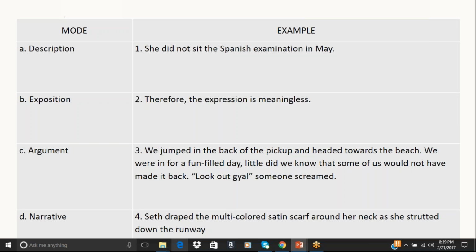And if you're still confused, there's one thing that separates the two. As Maurice said, one has dialogue, the other has no dialogue at all. So the description does not have dialogue. The narrative has dialogue. Those are two things you can look out for if you are confused.